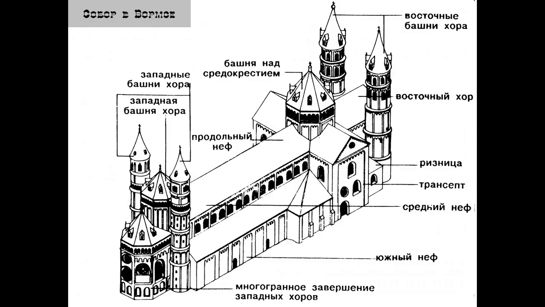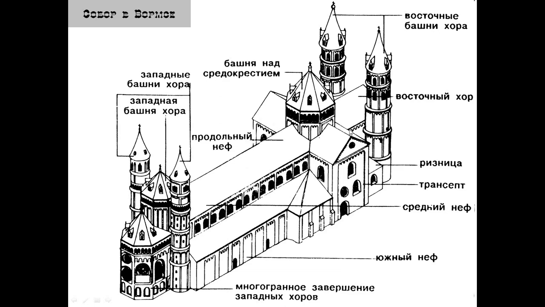Okay, let's consider the elements of the cathedral on the example of the cathedral in Worms. So we can see the main entrance through the western part, then we get inside the central nave. On the sides there are two aisles, which are smaller than the nave.